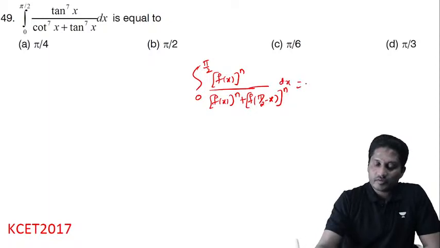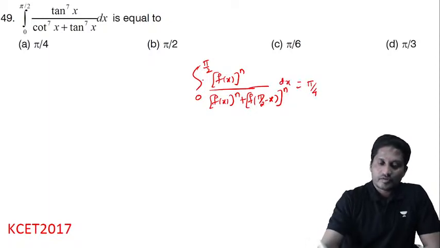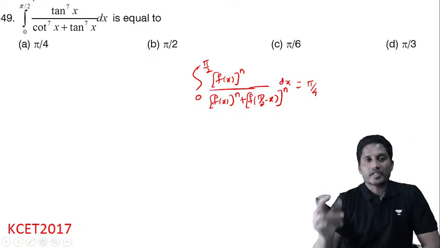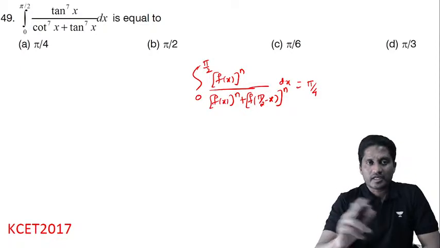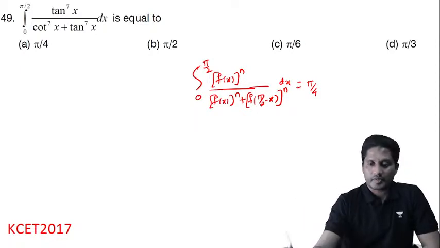Answer is always equal to pi by 4. So 0 to pi by 2 tan and cot with any power, similarly sin and cos with any power, and sec and cosec with any power, answer is always pi by 4.